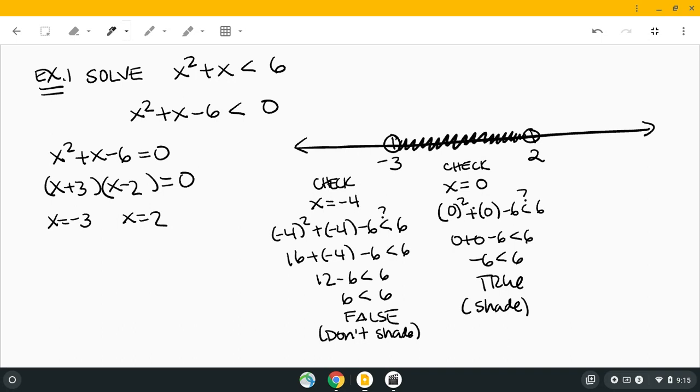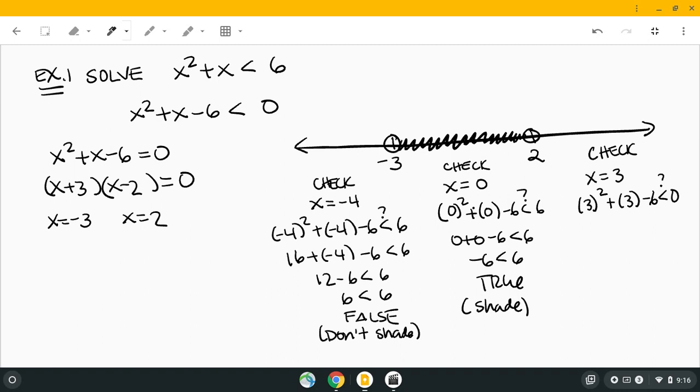Okay. And then I have this third region to check. You have to choose a number in this region. So you can choose like 2.5, you can choose 3, 4, 5, 6, 7, 1,000, 2 million. Okay. But I will use 3. So 3 squared plus 3 minus 6 is less than 0.